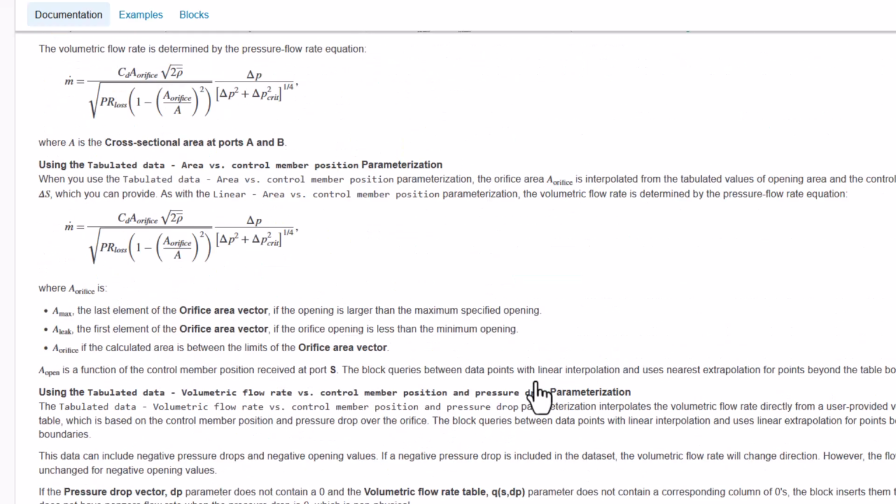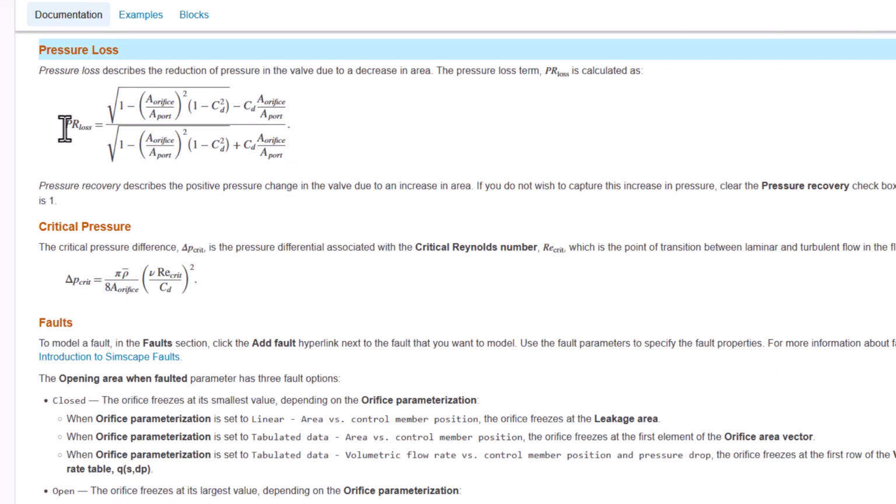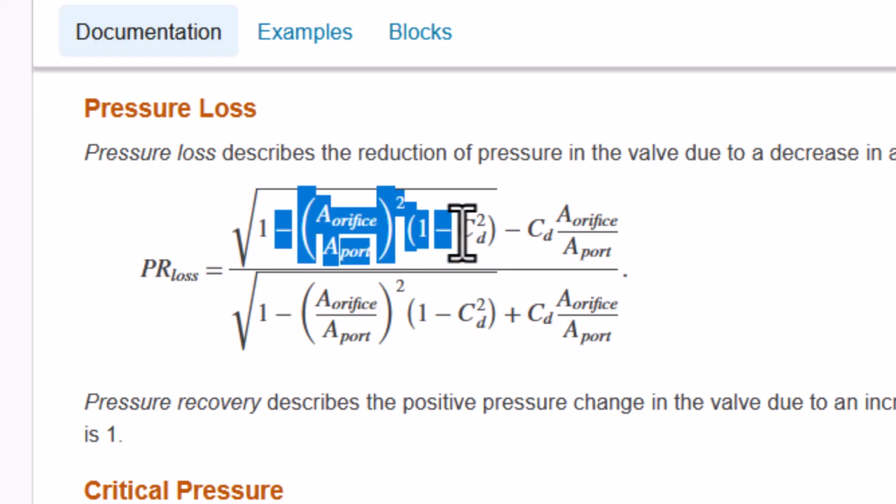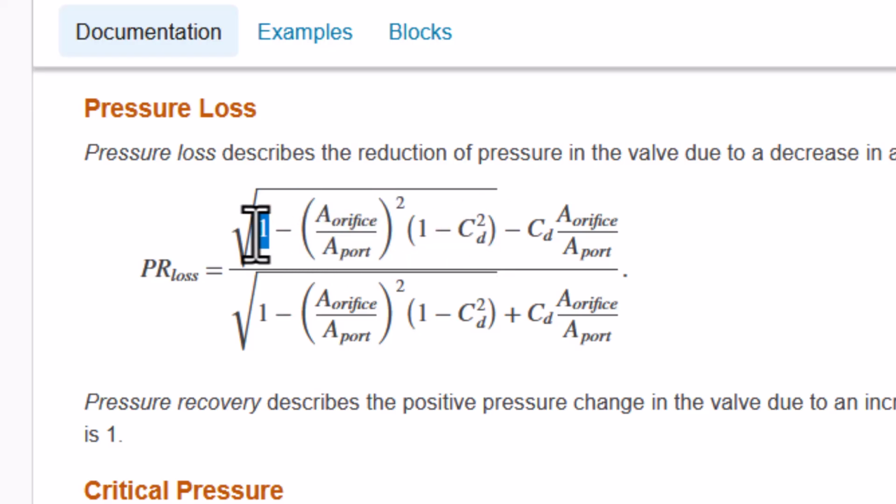But what is the value of the pressure loss? If I click on it, I can find its formula, which is right here. And again, since the area of the port is set to infinity, this fraction is going to be equal to 0, and then only remains the square root of 1. And the next term is again equal to 0.